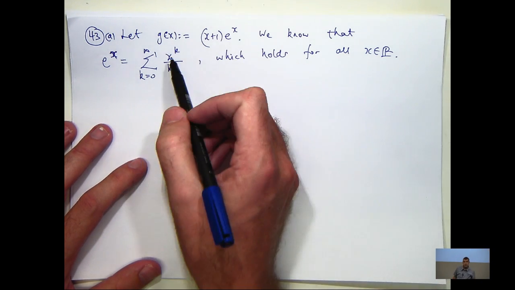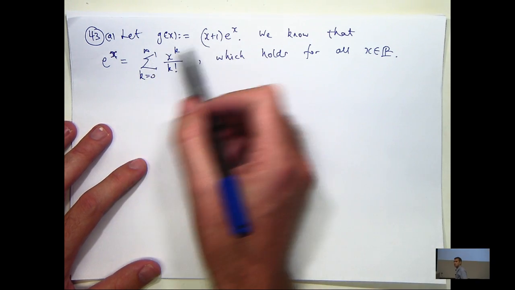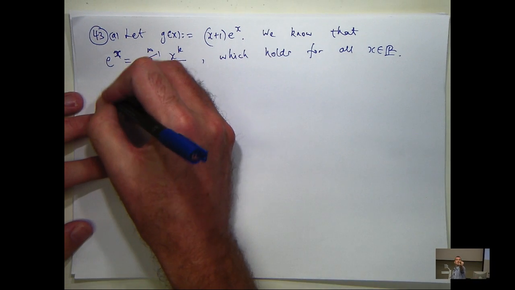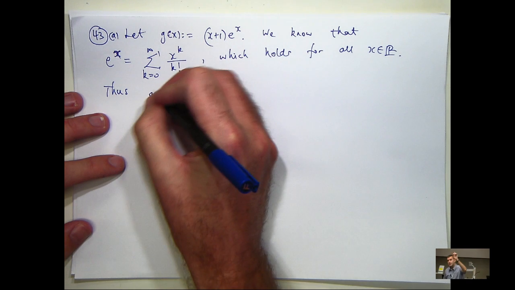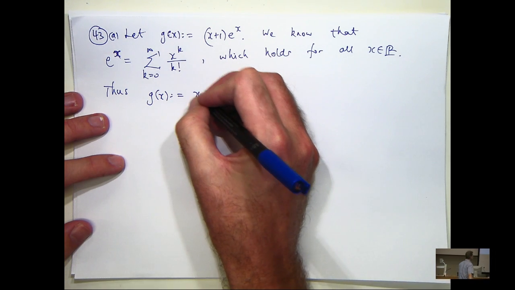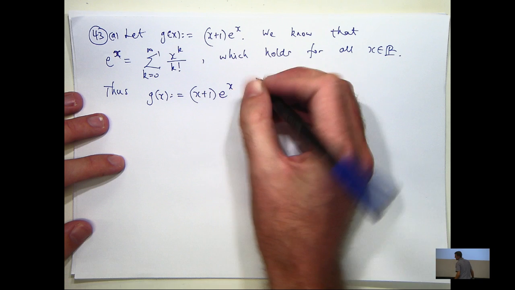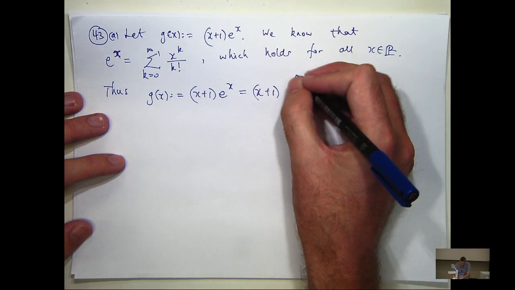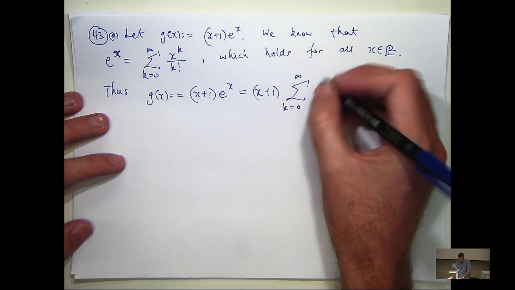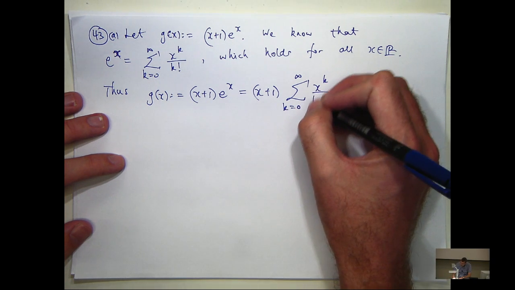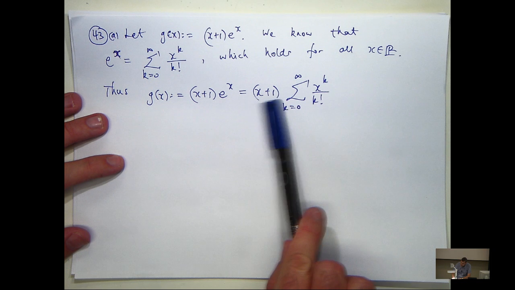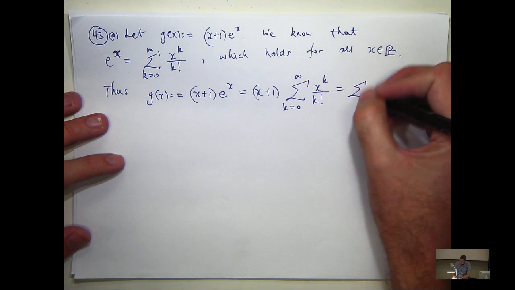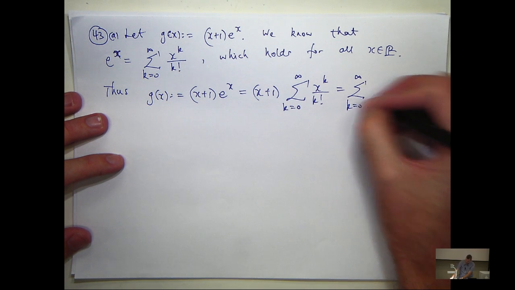Okay, so to get the series for g of x from this, let's just multiply the series by x plus 1 in brackets. It seems logical. Now, this term here has nothing to do with k, so we can move it into the sum if we want.